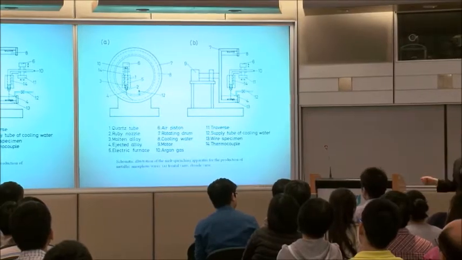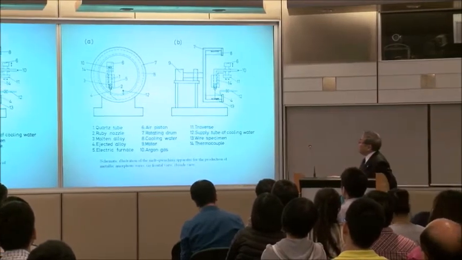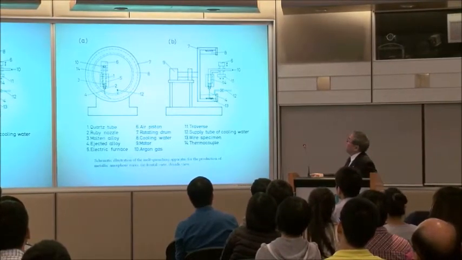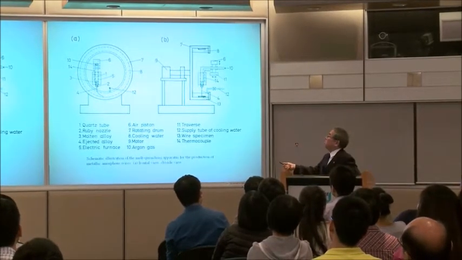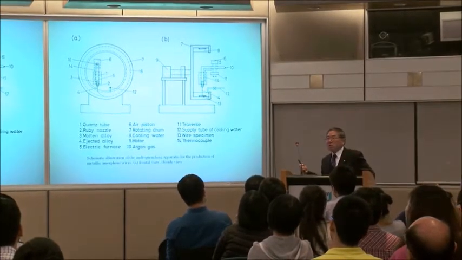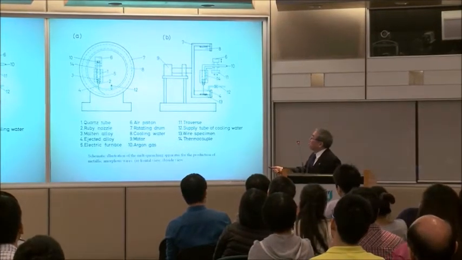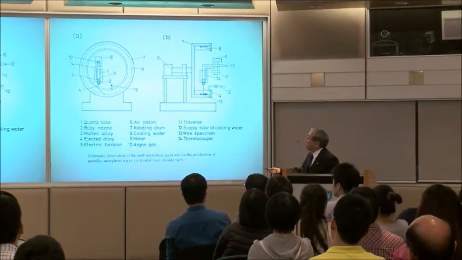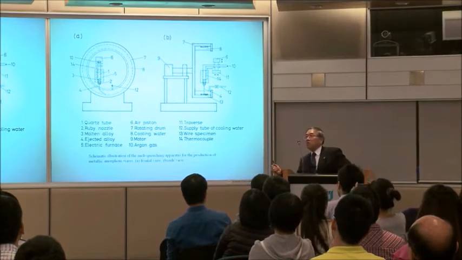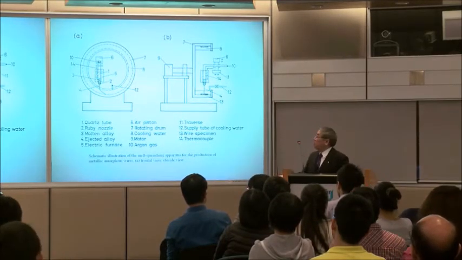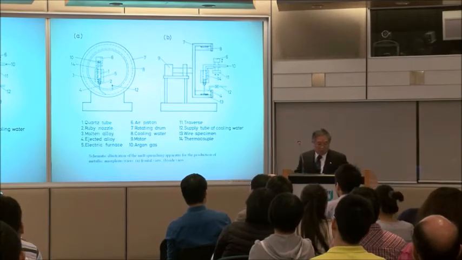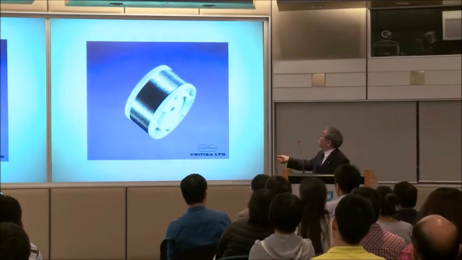Can you imagine that? That's the drum rotating. Water is put into the rotating drum, so a water layer is formed by centrifugal force. When the molten alloy is ejected through the nozzle, usually 0.1 millimeter in diameter, we can get the amorphous wires.